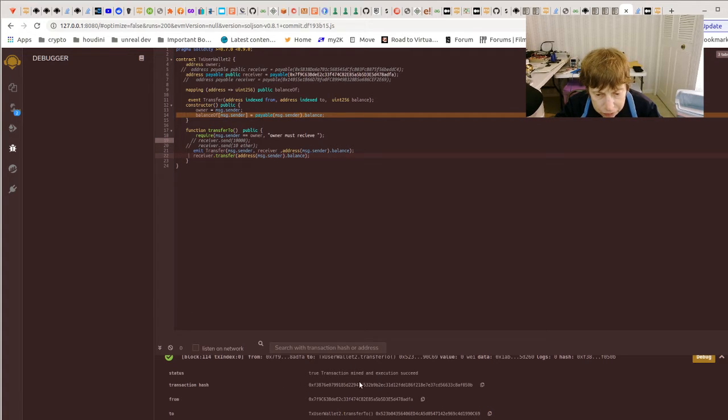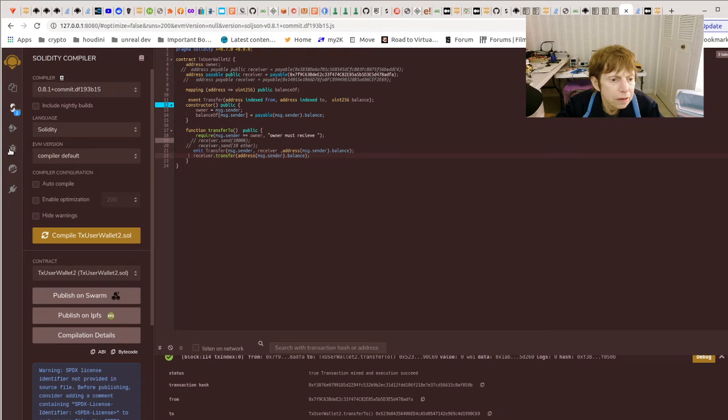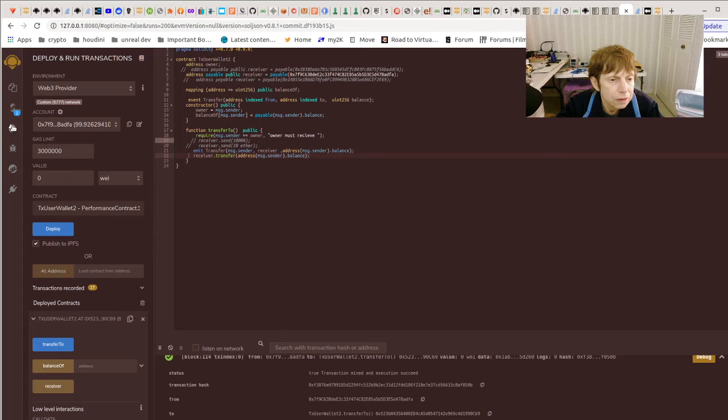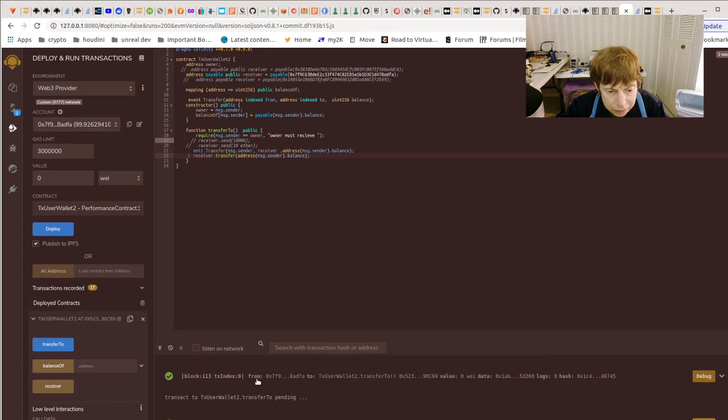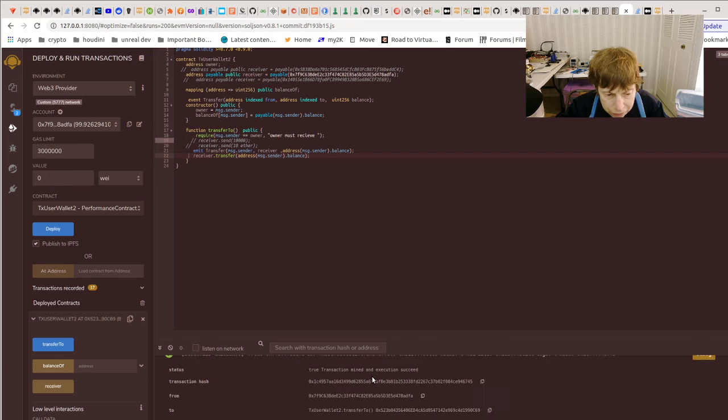Transaction and execution succeeded from, let's see what the from is. We have to go here to see the from. Well, that's interesting. It's going to 5.2, and let's see something. This is transfer to again from 2.